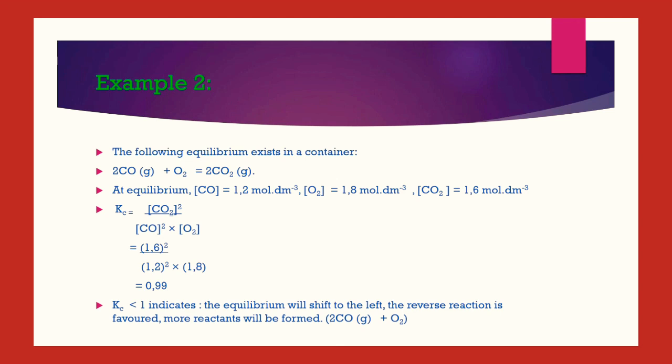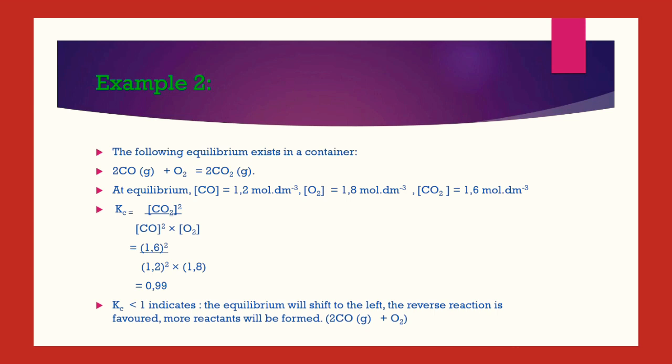At equilibrium, the concentration of carbon monoxide, CO, equals 1,2 moles per decimeter cube, the concentration of oxygen gas equals 1,8 moles per decimeter cube, and the concentration of carbon dioxide gas equals 1,6 moles per decimeter cube.